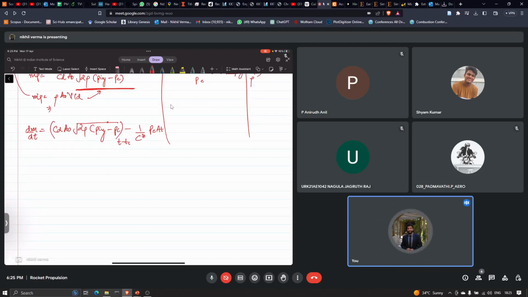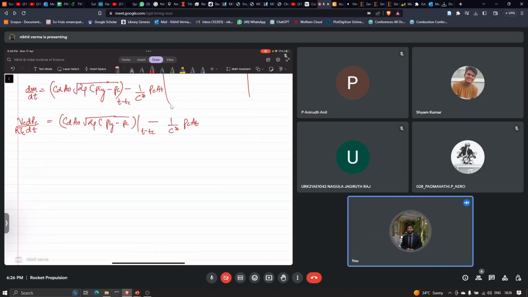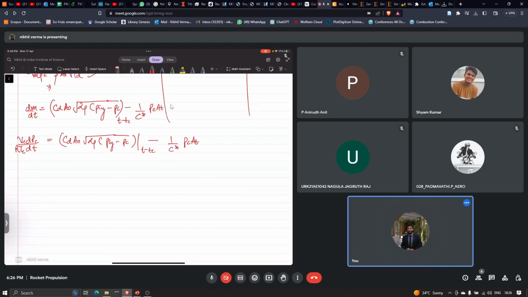The mass can be written as Vc by R Tc times dPc by dt, equal to Cd A naught root 2 rho (P injection minus Pc) at time t minus tc, minus 1 by c star Pc At. So let us take dPc by dt, R Tc, Vc.